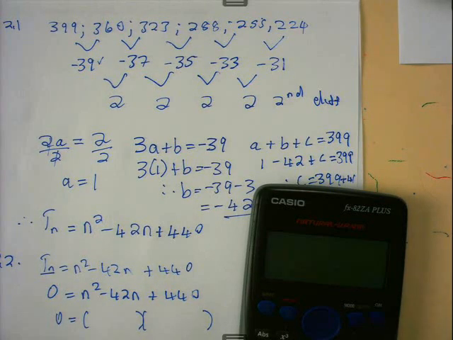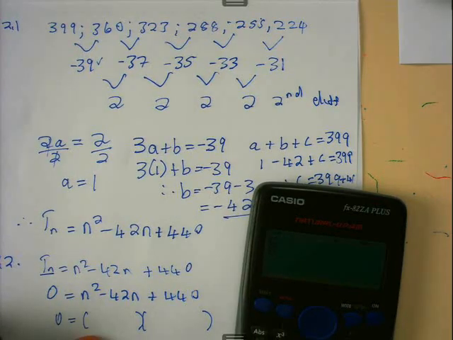Now let me have the quadratic formula: n is equal to minus b, where the value of b there is minus 42, plus or minus the square root of minus 42 squared minus 4 times 1 multiplied by 440, then we divide this by 2 multiplied by 1. That is the quadratic formula.